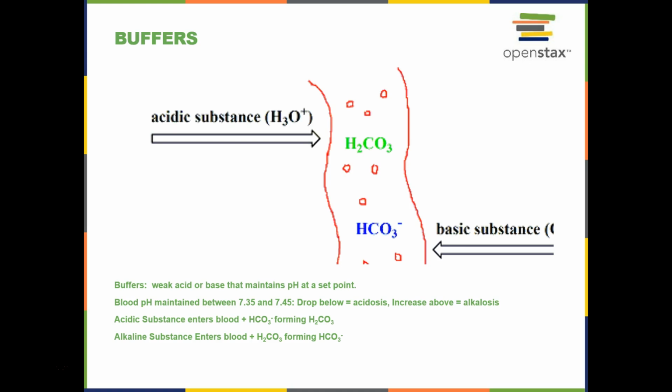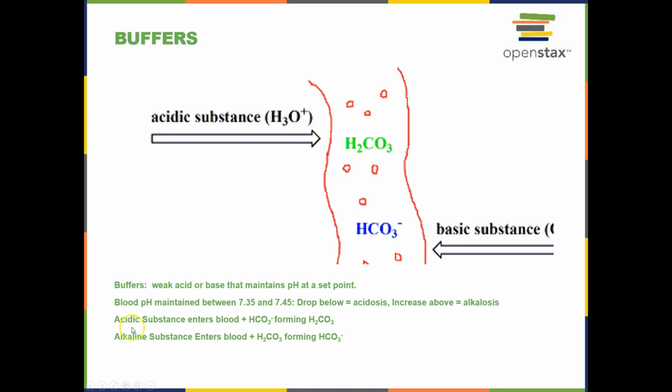A buffer is a weak acid or base that helps to maintain the pH at some set point. So in our blood, we have a carbonic acid bicarbonate buffer system. This is carbonic acid, and this is bicarbonate.